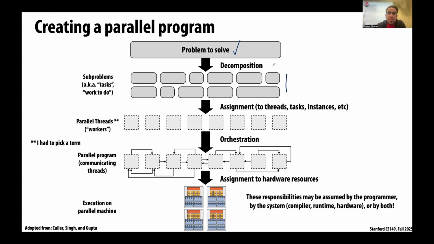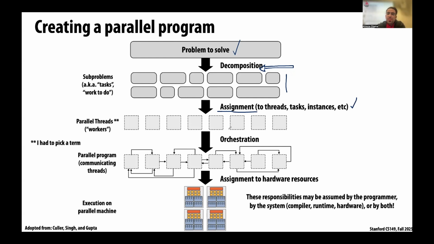So the first step is the decomposition, which is one of the most important steps. Then you have to do the assignment, right? You have different execution units, and you have to decide which task goes to which unit, which unit executes which task. This is very important, and we will talk about it in the next lecture.